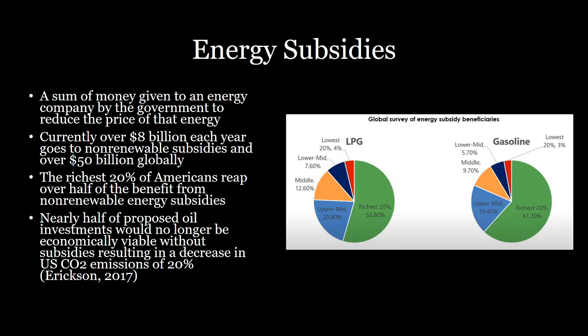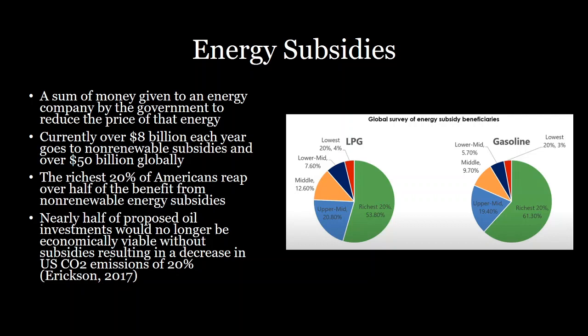So one of the most important things about reducing the amount of fossil fuel energy subsidies is that a lot of these oil producing projects would no longer be economically viable without these subsidies.